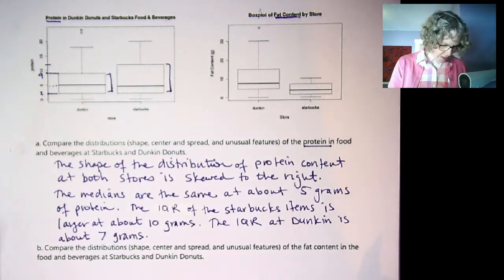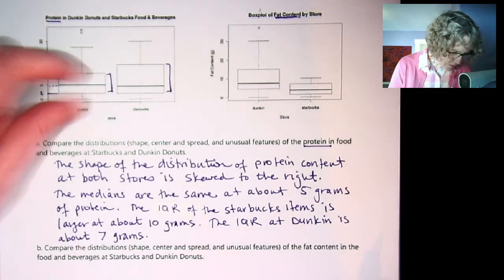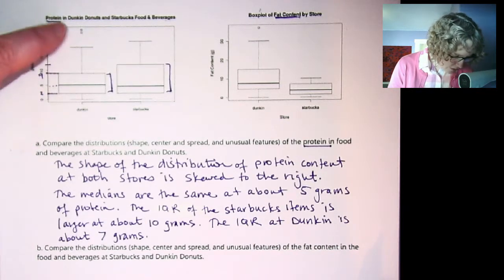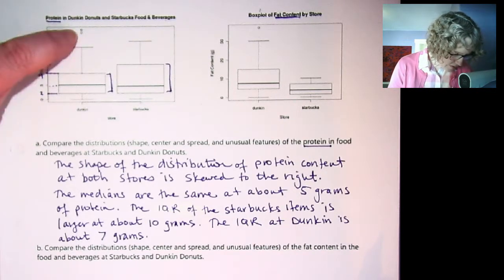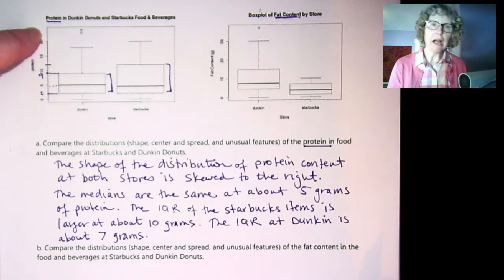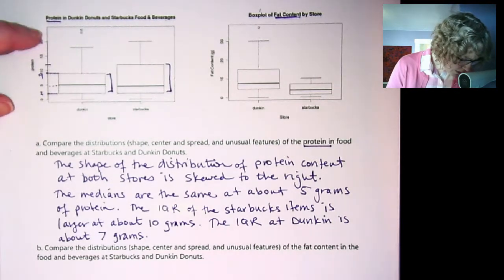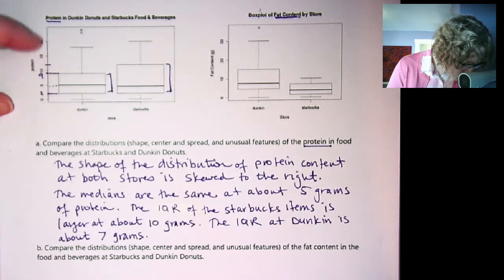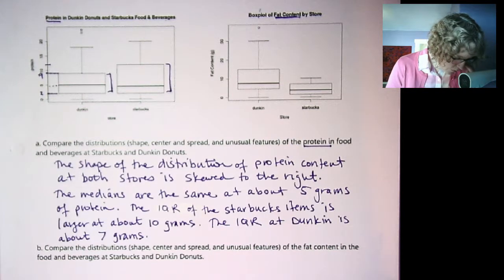Okay, so about the same median, a little bit larger IQR for Starbucks, but look overall, Dunkin' Donuts has a couple of outliers where they have really high protein. Oh, 20 something, right? 20, maybe 23 and 24.